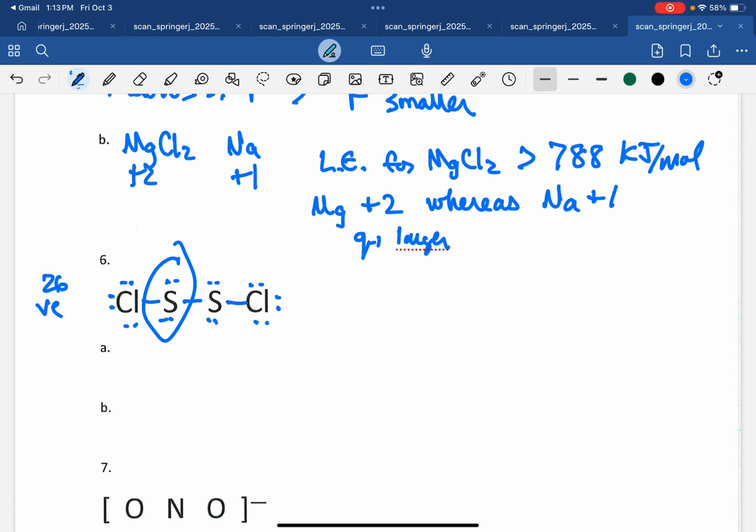So this is a bent molecule, but it's got 2 lone pairs. So the bond angle is going to be slightly less than 109.5. So we need a number that's slightly less than 109.5. How about we say 107?